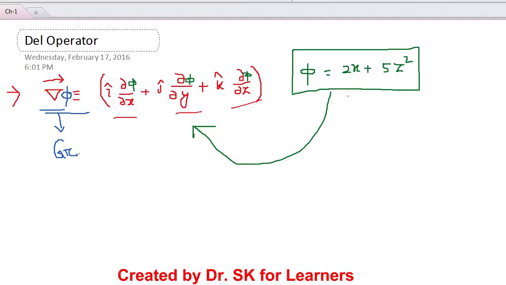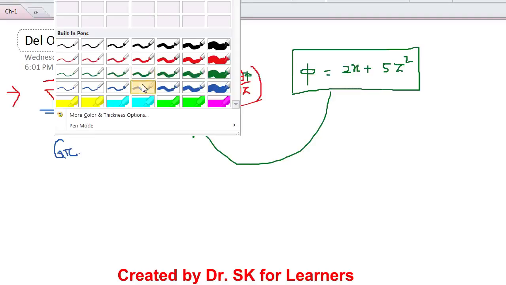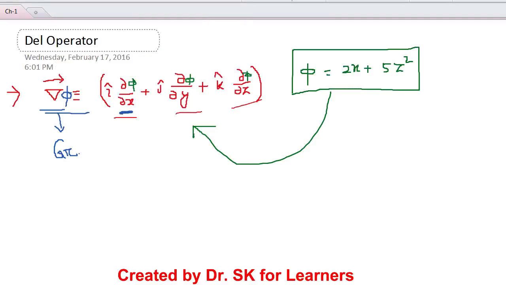How do you operate a partial differential equation? You have to see what term is there in the denominator of the equation. For example, here x is there, here y is there, and here z is there.